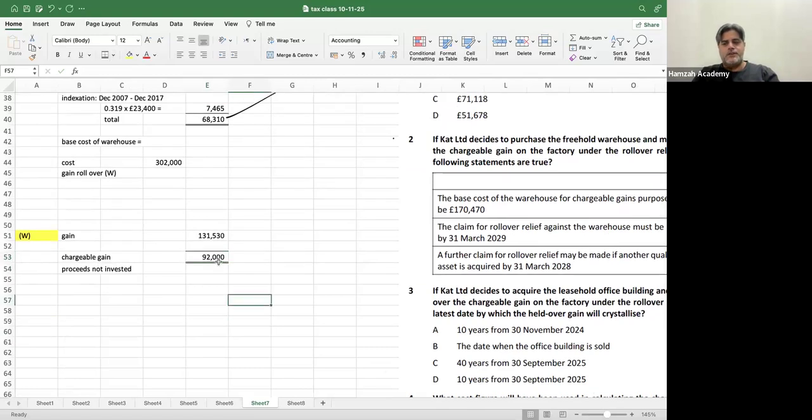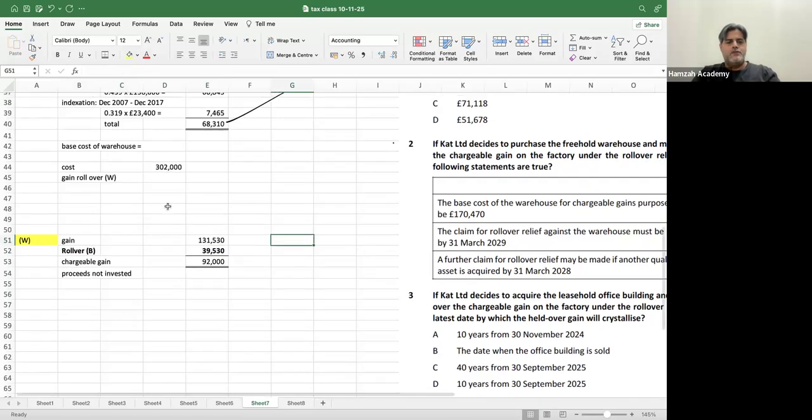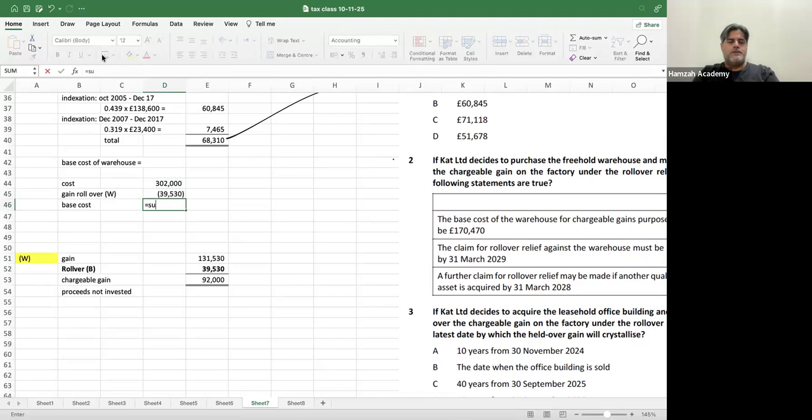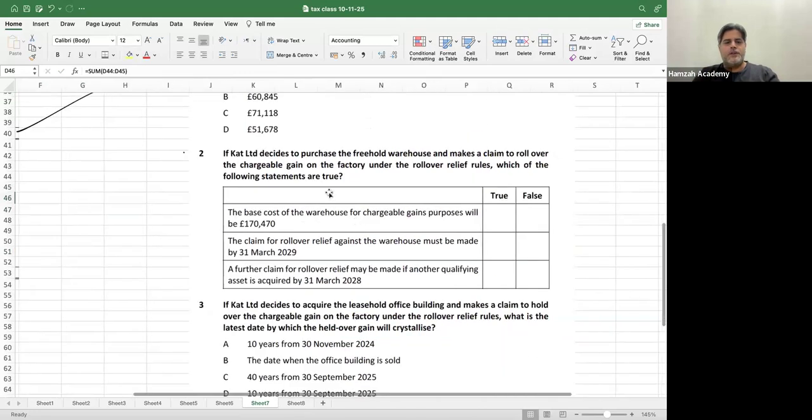This is the total gain, and this is not invested. So the rollover is going to be the balancing figure, which I can claim, and that is 39,530. So the gain rollover is 39,530. So I have my base cost, which is 262,470. So this is the base cost of the warehouse. So it's saying the base cost of the warehouse is different. This statement is false.